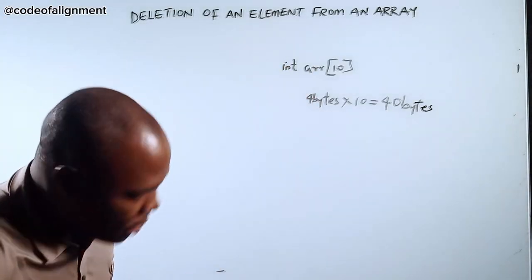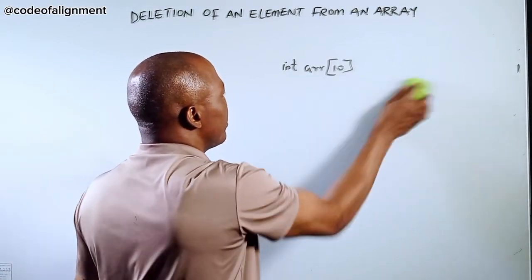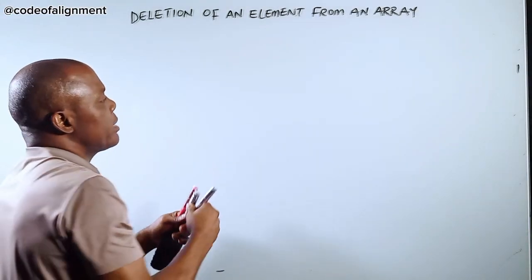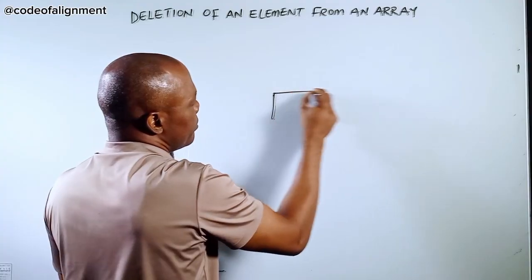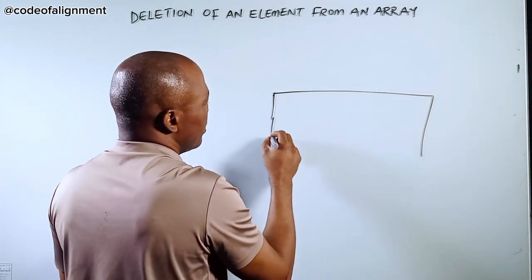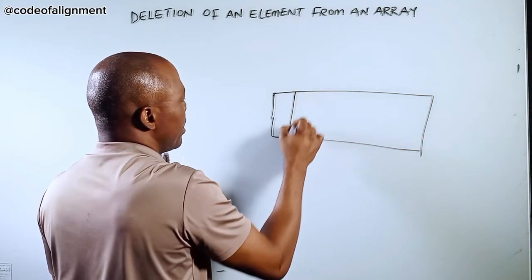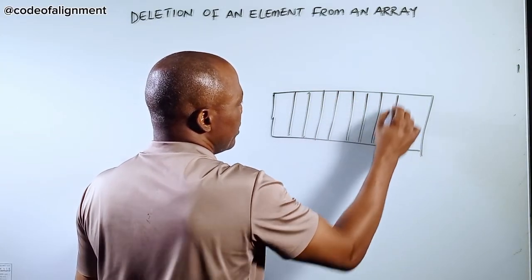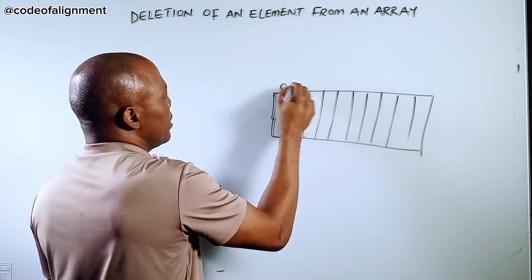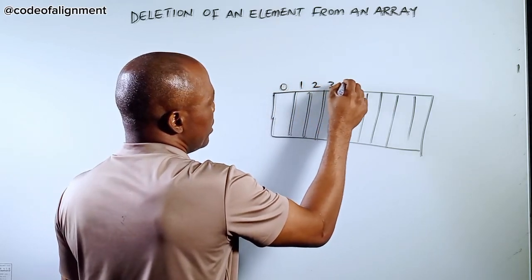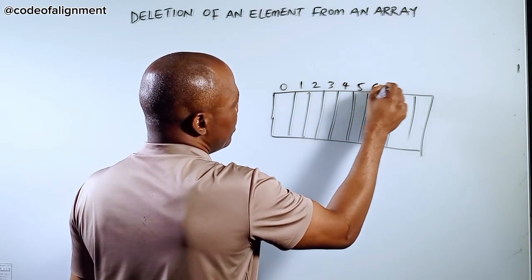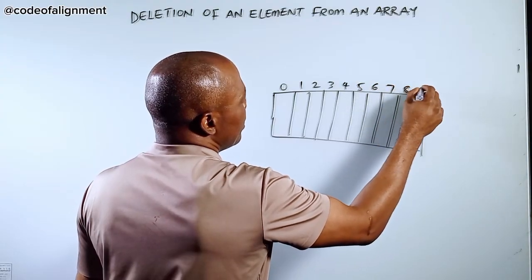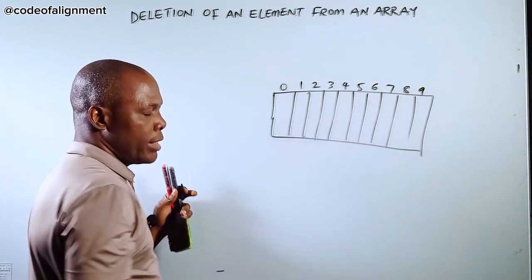Okay? Now, let's say I create something like this. The same thing. 0, 1, 2, 3, 4, 5, 6, 7, 8, 9. So 10 integers.